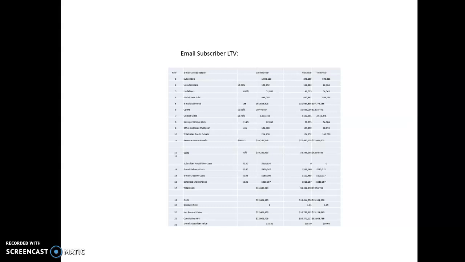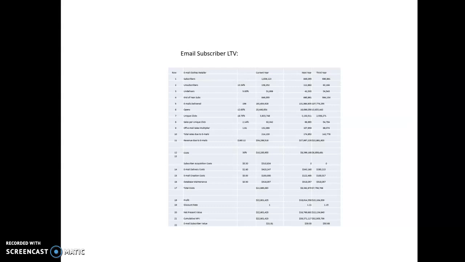And then there's the revenue from the emails. There's costs: your subscriber acquisition costs, email delivery costs, which are very, very low, database maintenance and other things. You also remember our work on present value, and there's a discount rate here.